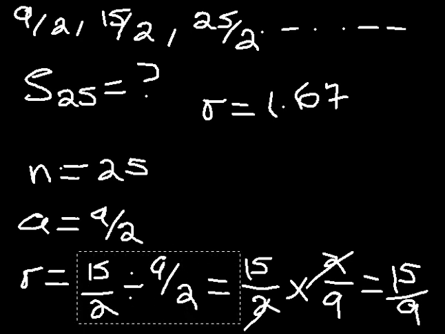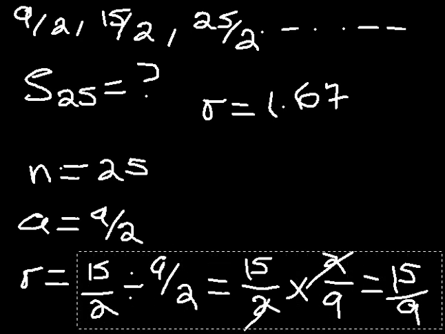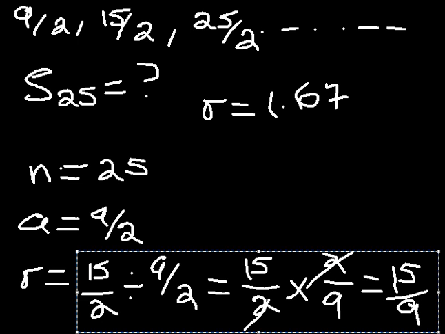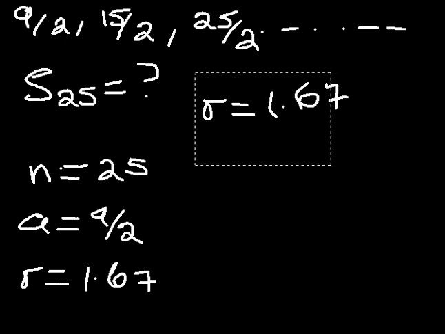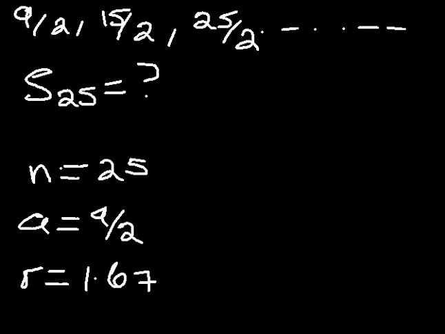So now the common ratio is greater than 1, which means the formula for the sum of terms also matters here. 1.67 is a value greater than 1. So what will go up next? Now we'll have to present the formula for the sum of 25 terms, the sum of n terms.